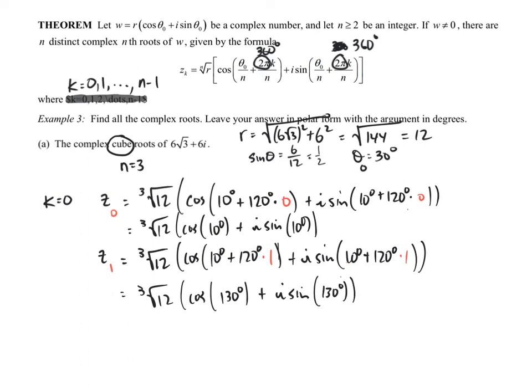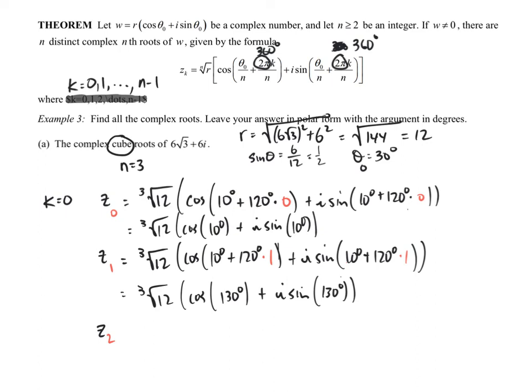Finally, I'm ready for z sub 2, and that's going to be the last value of k, because if you look back up here at the definition, the last k value is always n minus 1, and in this case n is equal to 3, so 3 minus 1 is 2.